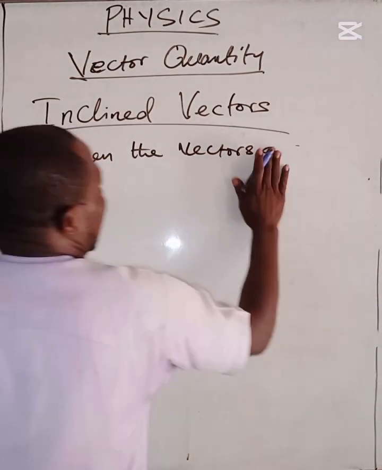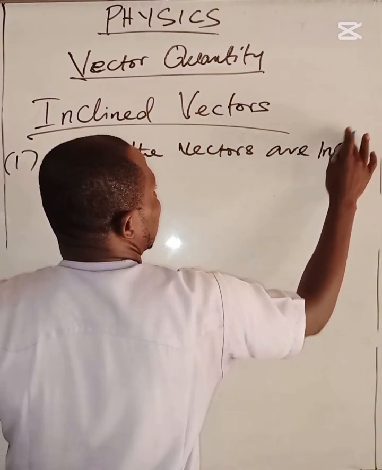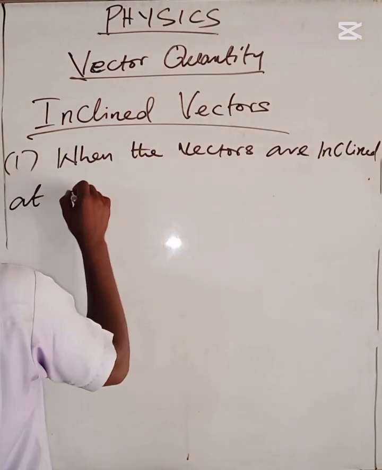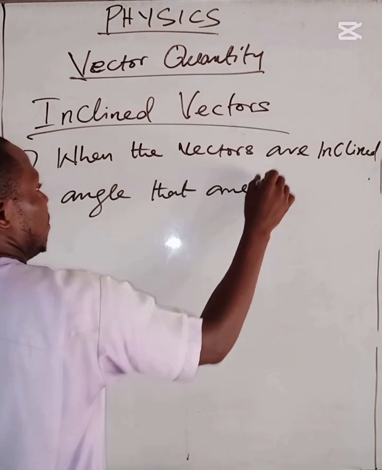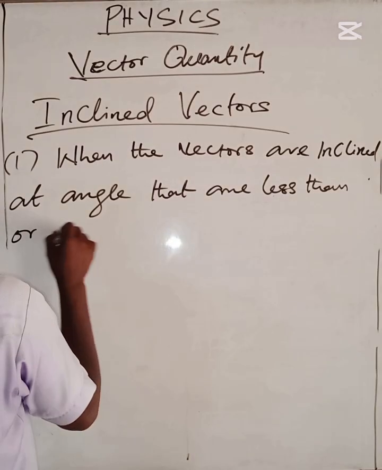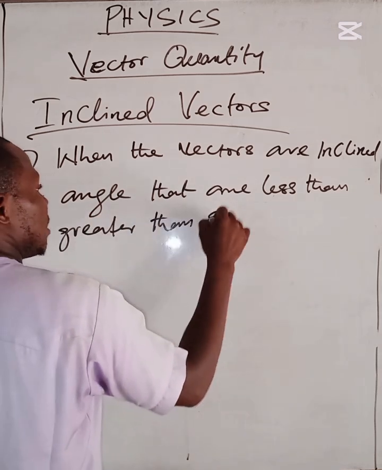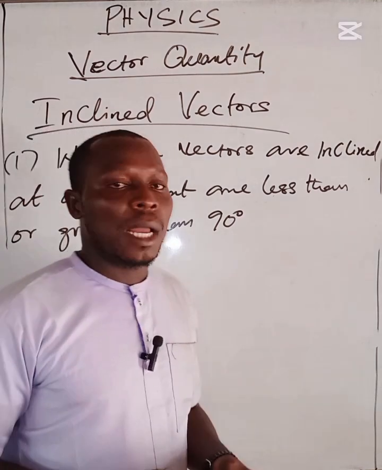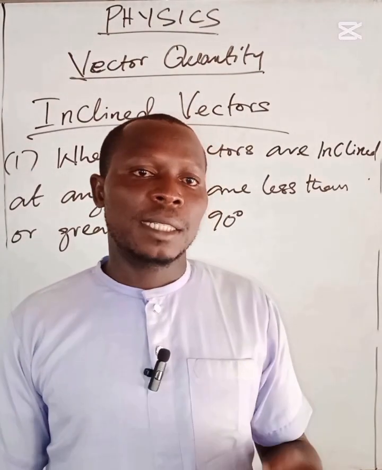When the vectors are inclined at angles that are less than or greater than 90 degrees, here we make use of what we call the cosine rule to find the resultant, and then the sine rule to find the direction.